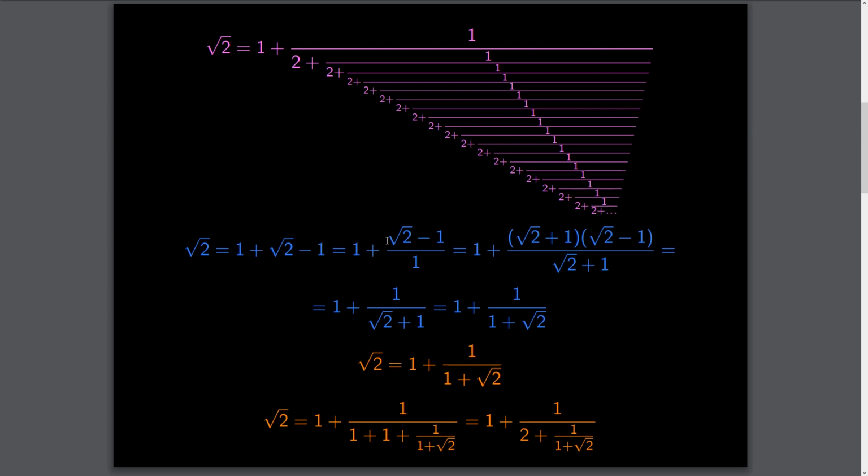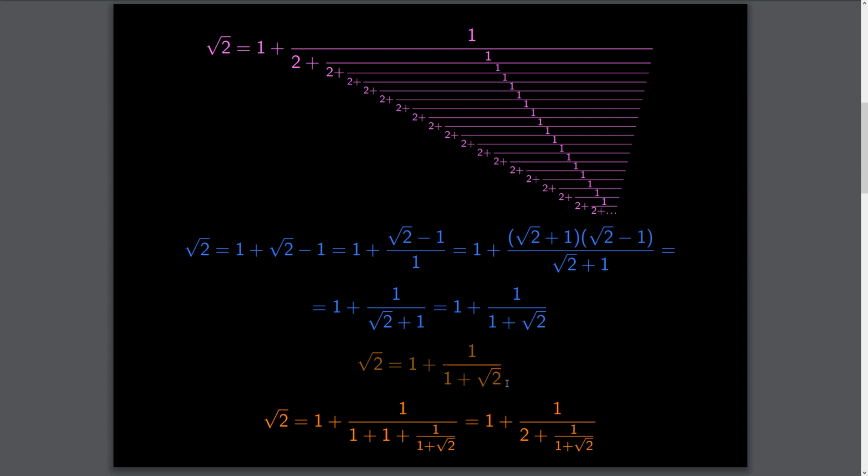So you want to get rid of the square root expression in the numerator. And what you end up doing is multiplying both the numerator and the denominator by square root of 2 plus 1. And after expanding this expression, what you end up obtaining is the square root of 2 equals 1 plus 1 divided by 1 plus square root of 2.